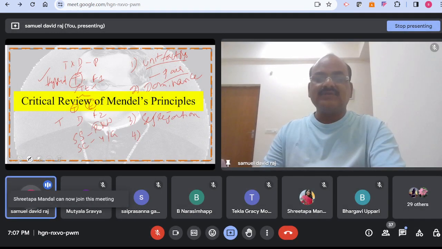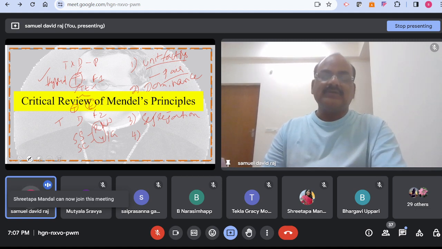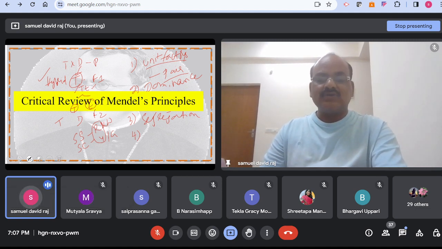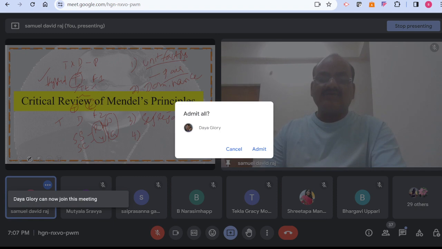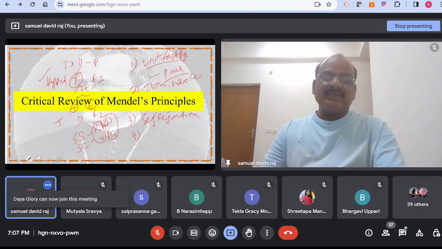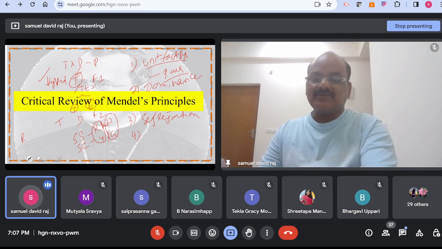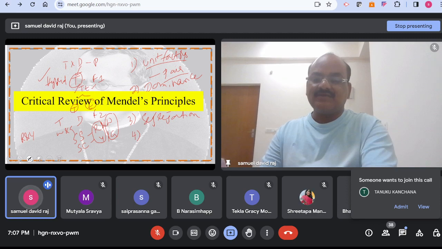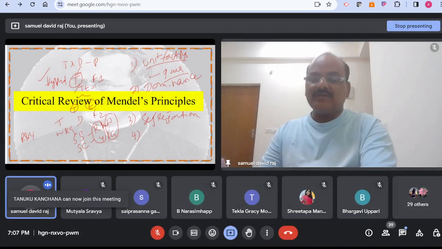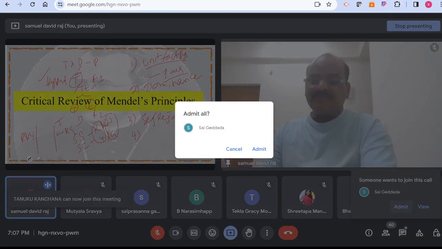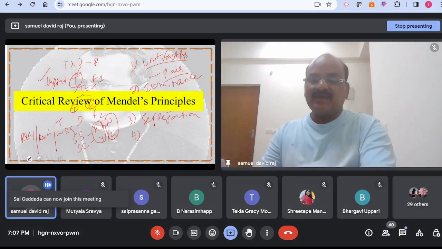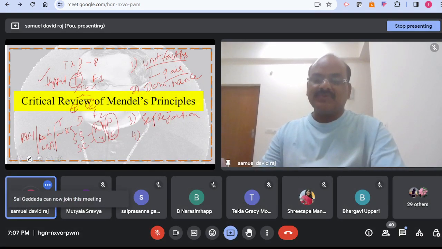When a plant with yellow and round seeds is crossed with a plant with green and wrinkled seeds, in the second generation, in addition to the parental combinations of round and yellow and wrinkled and green, he got new combinations. What are they? Round and green, and wrinkled and yellow.